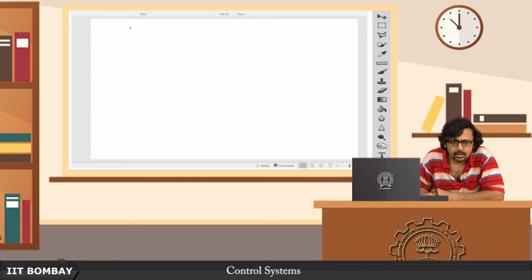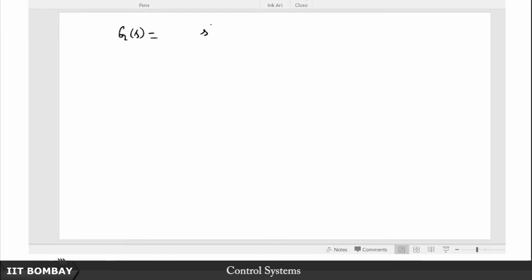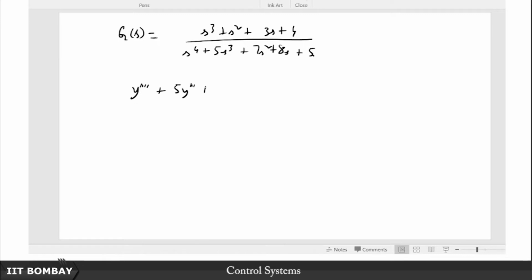Now remember, when you are given a transfer function like this, say s cubed plus s squared plus 3s plus 4 over, let us say, s to the power 4 plus 5s cubed plus 7s squared plus 8s plus whatever arbitrary values you can give, you can immediately map in your head this transfer function to the following differential equation: y fourth derivative plus 5 times the third derivative of y plus 7 times the second derivative of y plus 8 times the first derivative of y plus 5 times y is equal to the third derivative of the input plus the second derivative of the input plus 3 times the derivative of the input plus 4 times the input. Immediately you can map this, right? We are already too familiar with this.